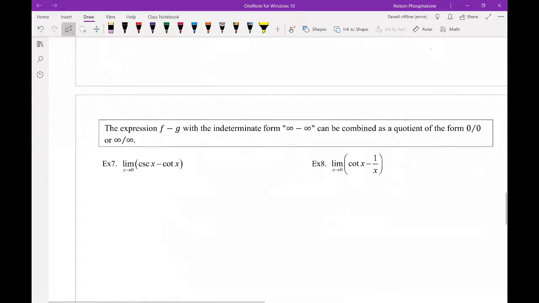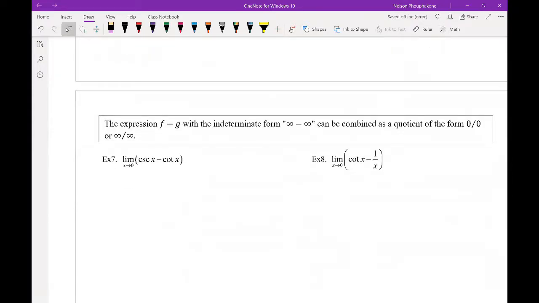Okay. Now the next one is, how about if we have infinity minus infinity? Okay, so now remember infinity minus infinity is not equal to 0. So in this case, what we need to do, basically, if we have two terms, then let us combine them to make it one term.